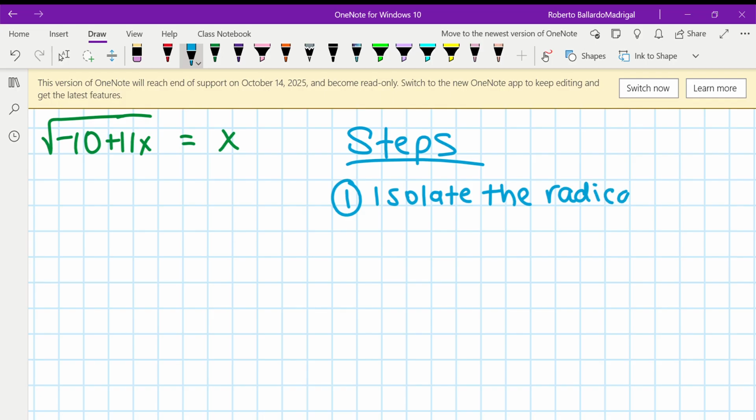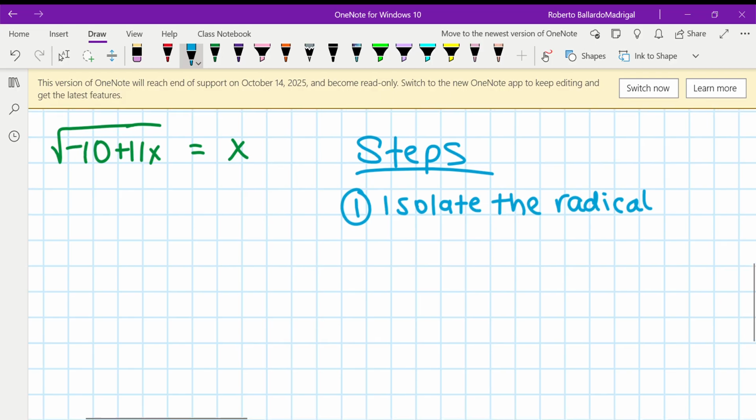What does the word isolate mean? Isolate the radical. What does that mean? To get it by itself. Good. So the goal is to get the radical by itself. In this problem, we don't have to do that first step because there are no other terms that are with the radical. You'll see later on we will have to do that first step. So the first step is to isolate the radical.